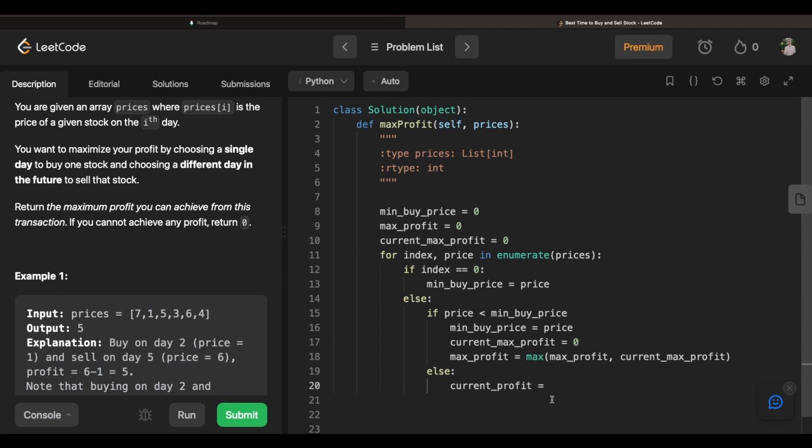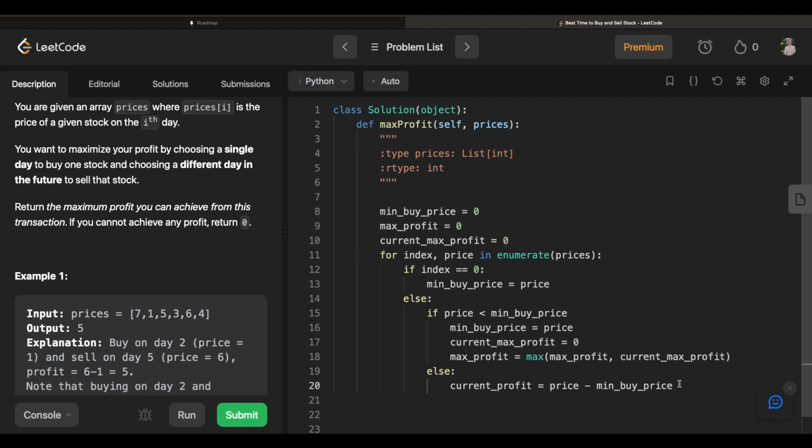And we say current profit equals price, which is the 5 that we're on, minus the min buy price, which would be 5 minus 1.